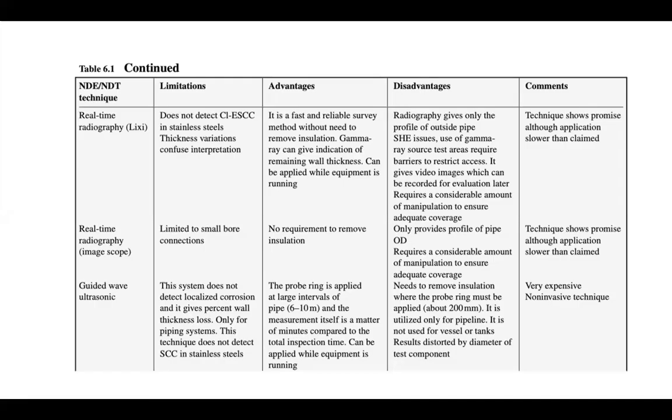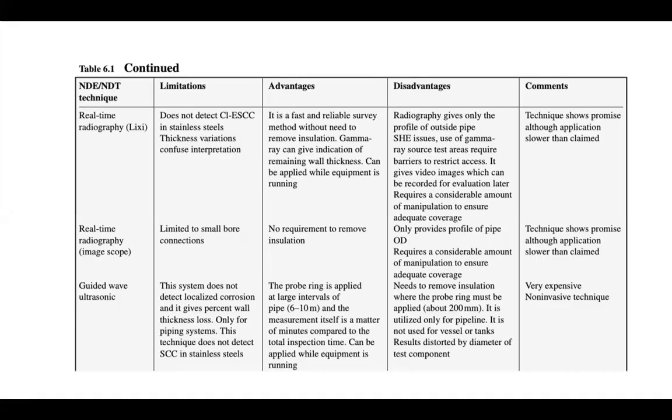Okay, and guided wave ultrasonic. The limitation: the system does not detect localized corrosion and it gives percent wall thickness loss. Only for piping system, this technique does not detect SCC in stainless steel. Advantages: the probe ring is applied at a large interval of the pipe, 6 to 10 meters.